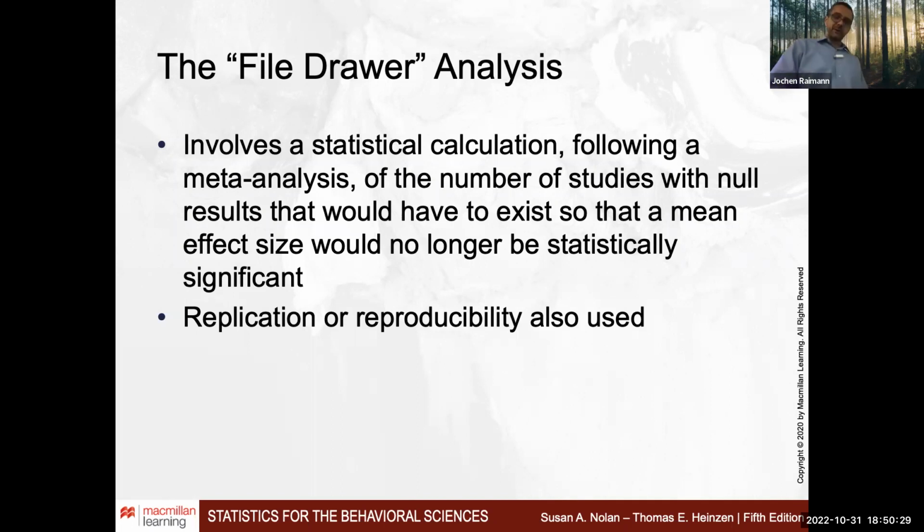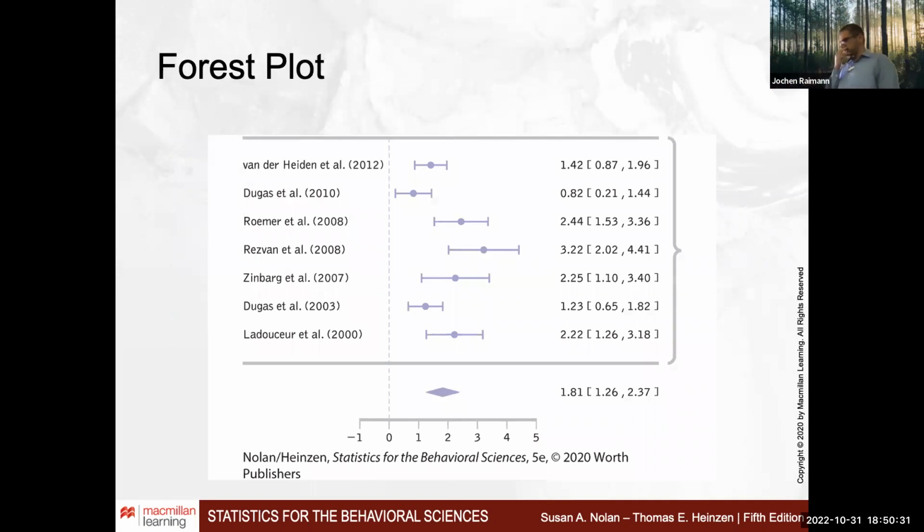What the file drawer analysis essentially wants to show is how many studies that did not show a significant effect did actually end up in a file drawer, and how many must have ended up in a file drawer to move this estimate from a significant estimate to a non-significant estimate.